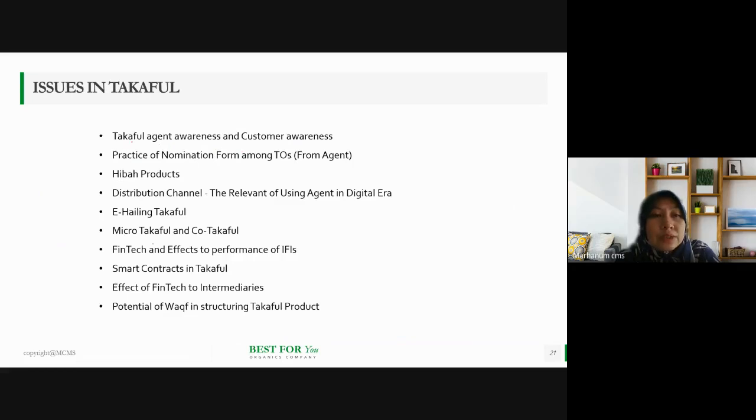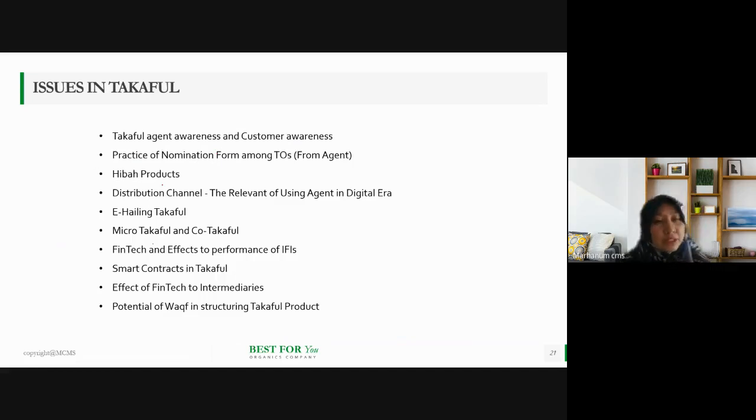Takaful agents also tend to maximize their commissions, so they don't care about the product that they offer to the public. Certain Muslim agents sell both Takaful and conventional products. As long as the product gives them commissions, they will sell it. So this is very worrying, this is worse.